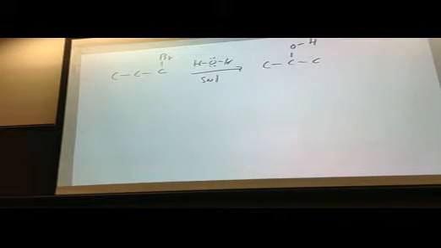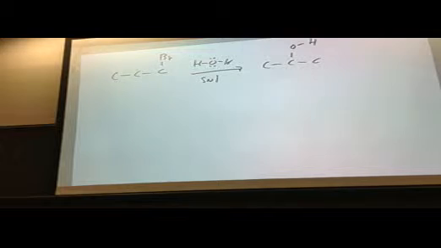You're gonna have loss of leaving group. Then after that, you could have rearrangement, carbocation rearrangement. Then you're gonna have nucleophilic attack, and then you'll have proton transfer. So all 4 steps are required for this reaction to take place.